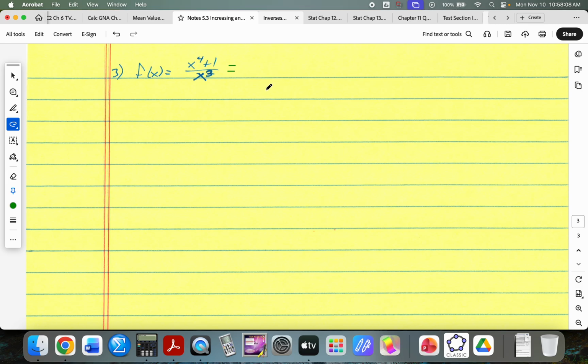That's an excellent idea. x to the 4th plus 1 times x to the -3. Okay. Let's make it even better. Let's not even have to use the product rule. Okay, let's do that. Would it be x plus 1 over x cubed? Yes. x to the 4th divided by x cubed is x. And 1 divided by x cubed is x to the -3.